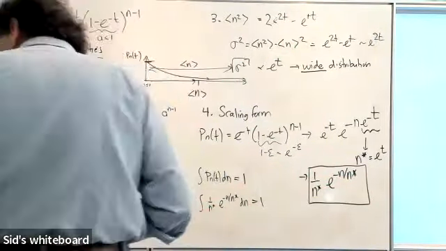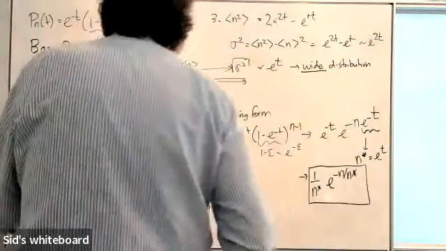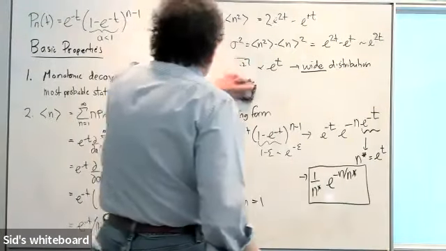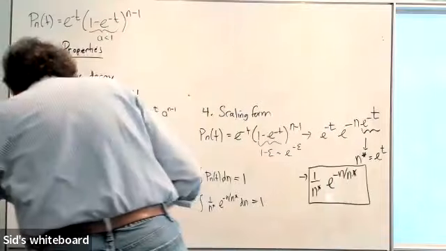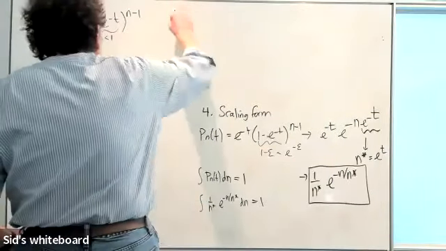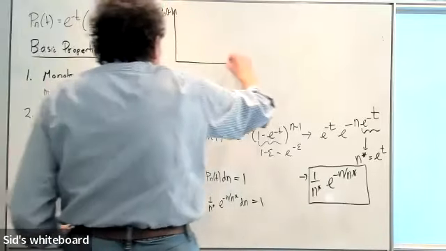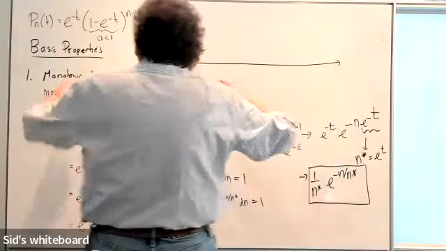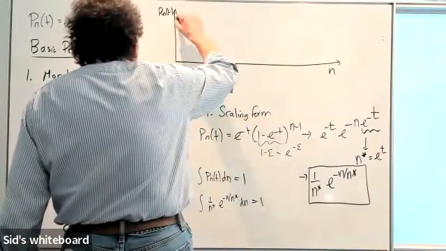Let me just do one more thing here, which is redoing this plot. If I'm plotting, say, Pn of t, this is kind of a cartoon because I can't really represent such a broad distribution easily, but at early times it looks something like this.